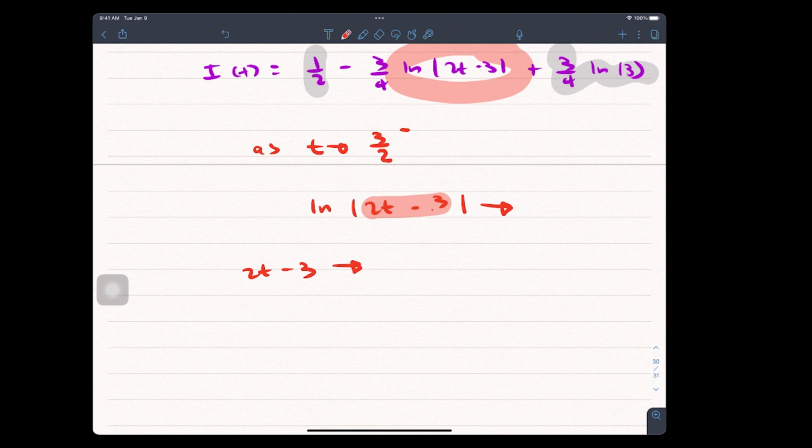Where do you guys think that goes to? T is going to 3/2 from the left. Where does 2t minus 3 go to? Zero from the left? Okay, well, it doesn't really matter if it's 0 from the left or right. You guys know why? Because now you take the absolute value, that's going to 0. Is that true? So where does this go to? If my inside function is going to 0, what do you guys know about that?